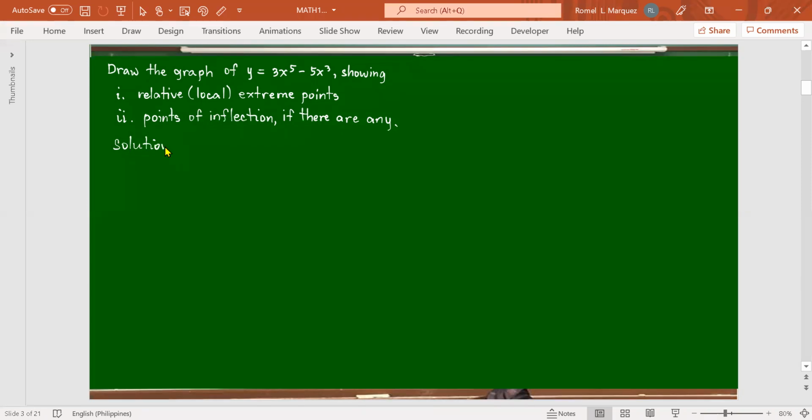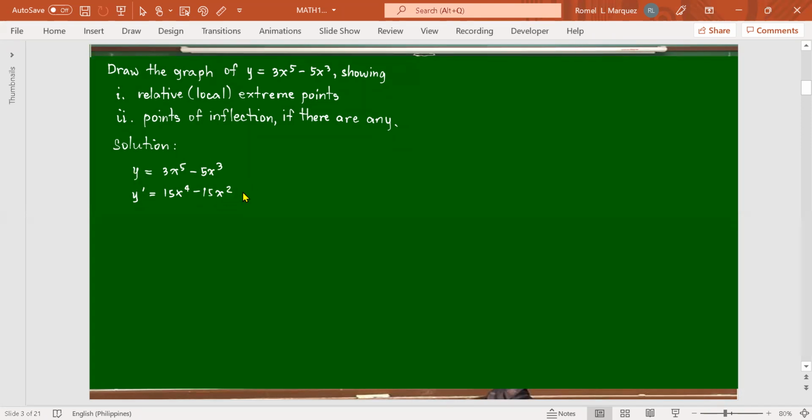First, we're going to have y prime, no? So copy the problem. Get the first derivative. What's the first derivative? 15x to the fourth minus 15x squared.